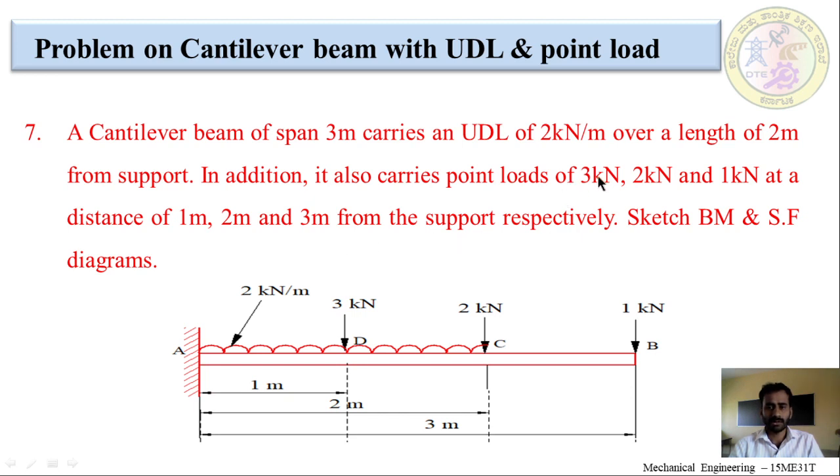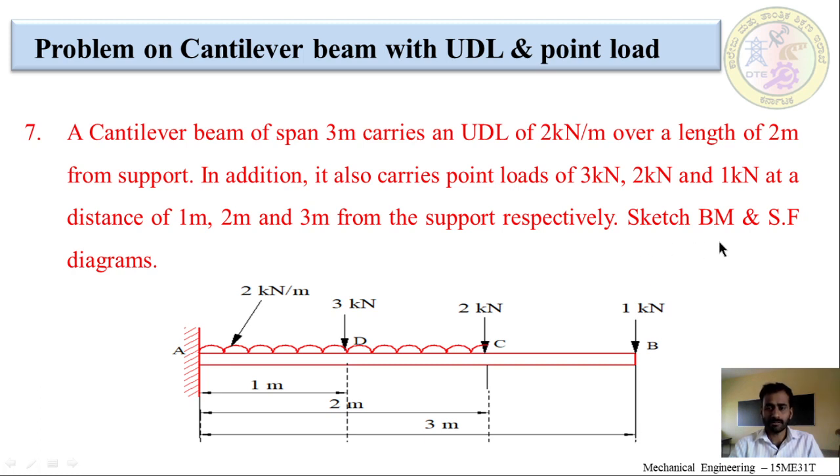So, this 3 kilonewton load is 1 meter from support, 2 kilonewton load is 2 meter from the support and 1 kilonewton load is 3 meter from the support. Second point load is 2 kilonewton load which is 2 meter away from the support, and 1 kilonewton load which is at a distance of 3 meter from support.